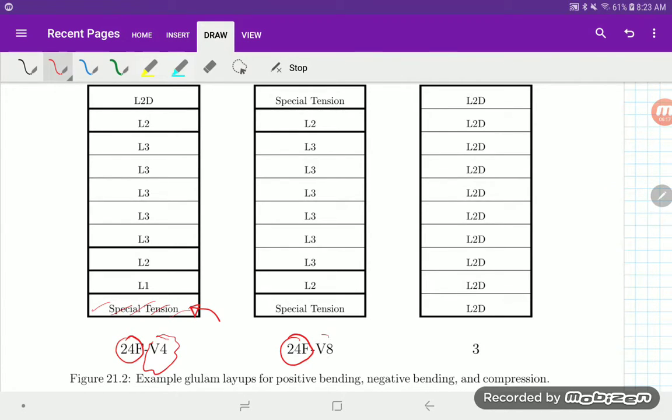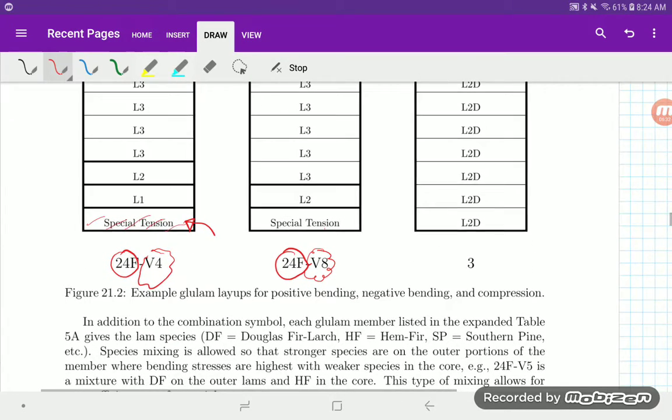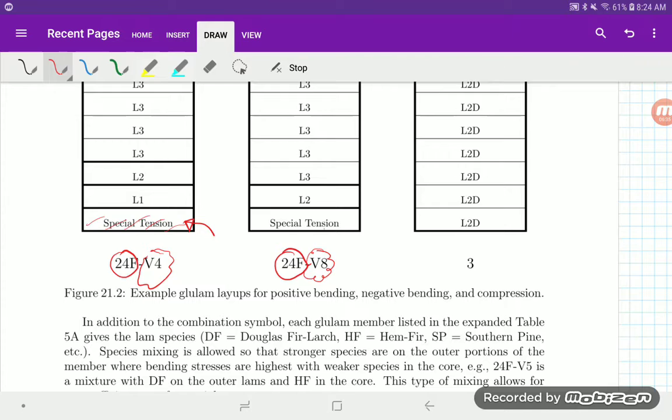And then visual grade 8. So 8 is the setup and how the layup is put together. You see that we have the same members top and bottom, so same lumber. That means very specifically V4 would be one that would have an FBX positive, so the positive capacity would be 2400 psi, and in this case FBX negative is 1600 psi, and we'll see different reference values when we look to the tables.